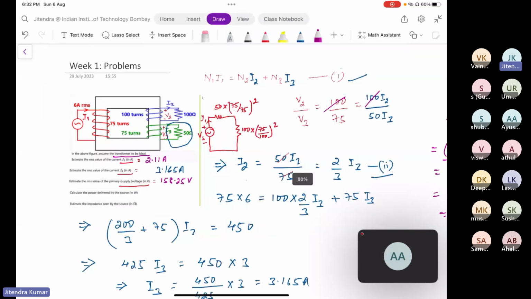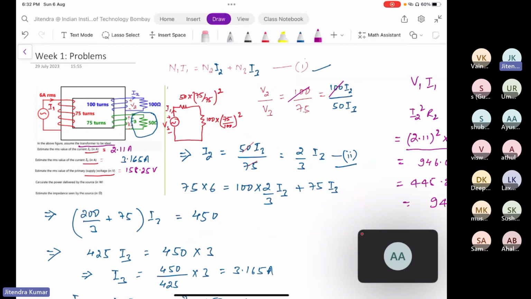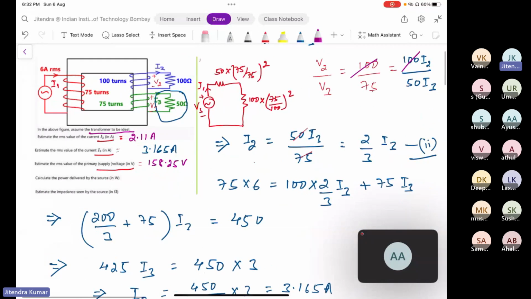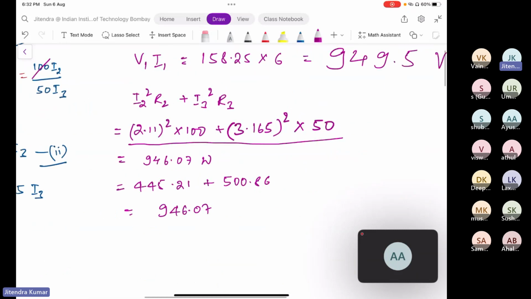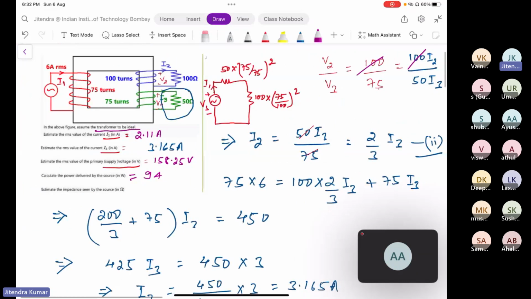If it is not resolved, we will discuss it next week. Okay. For the time being, we will assume 949.5 watt.